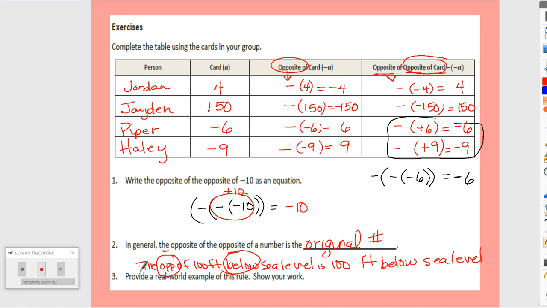So the opposite of an opposite, so there's my negative 100, there's my below, and the opposite of that is 100. So negative 100 or positive 100, if they're still below, they're below sea level anyway. And we're going to go ahead and head back to the classroom.